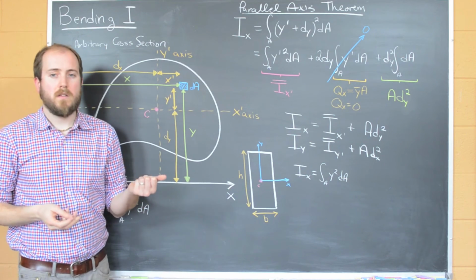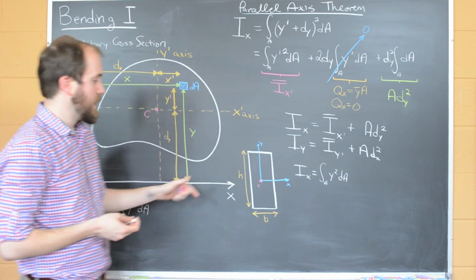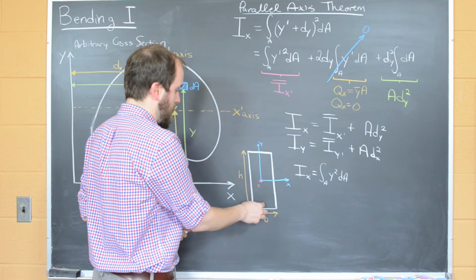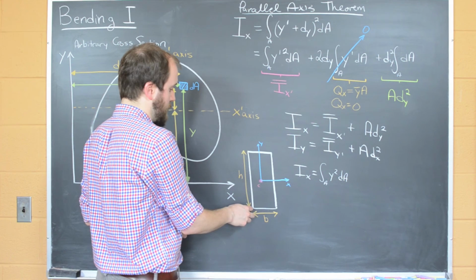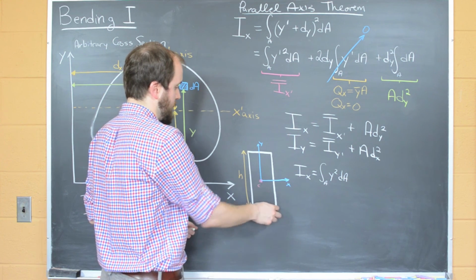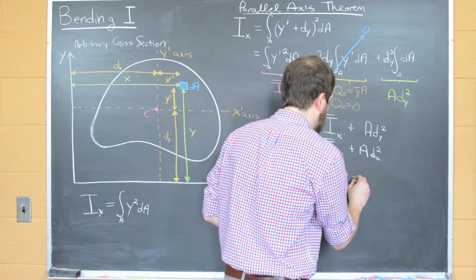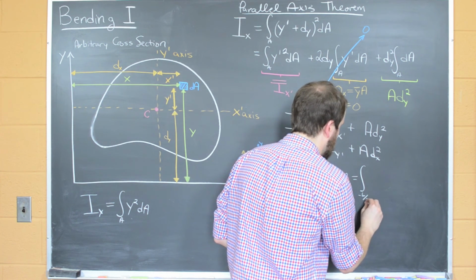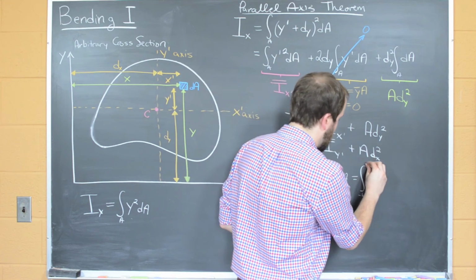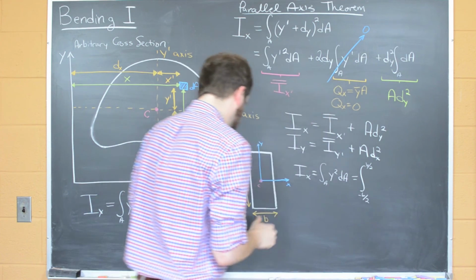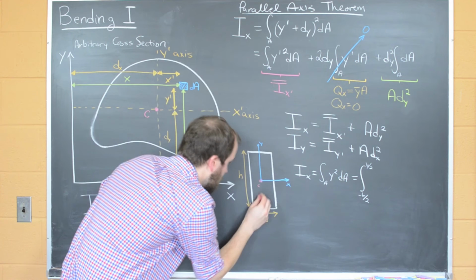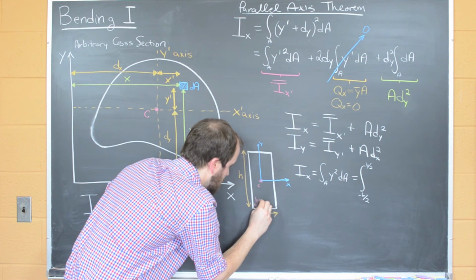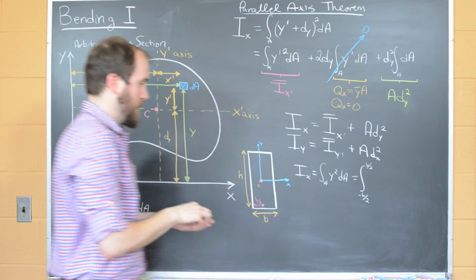The integral of y squared dA, we know what we're integrating over here. We're going to integrate over this cross-sectional area, which means we're going to integrate from negative b over 2 to positive b over 2. So it'll look like the integral along the width component, so I'll take negative b over 2 to b over 2. That's corresponding to this. That's one integral.